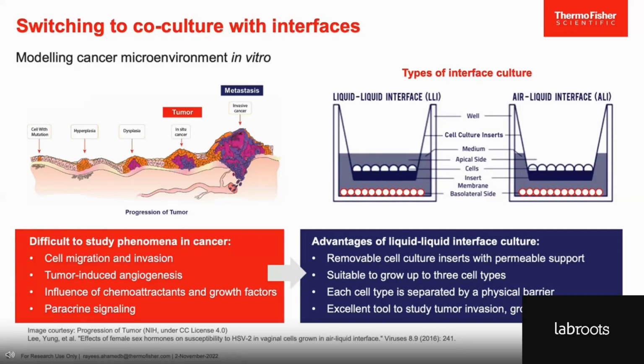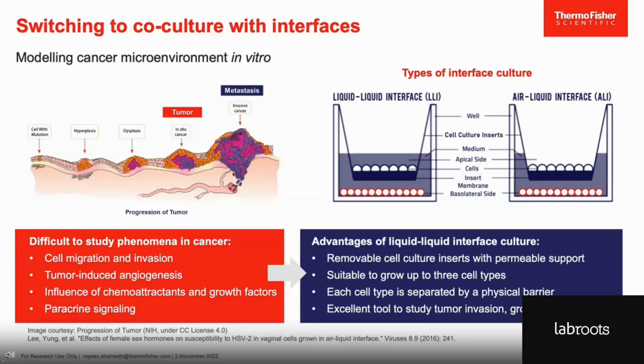What you see on the right hand side is a regular cell culture well with an insert at the center. These inserts are called cell culture inserts, which divide the culture well into two different compartments, an apical side and a basal side, with a porous membrane in between. This porous membrane helps in movement of cells, nutrients and growth factors between the two compartments, just like our capillary system.